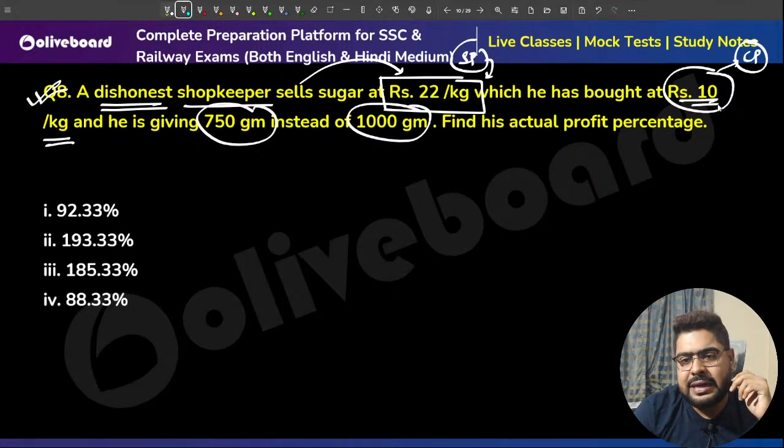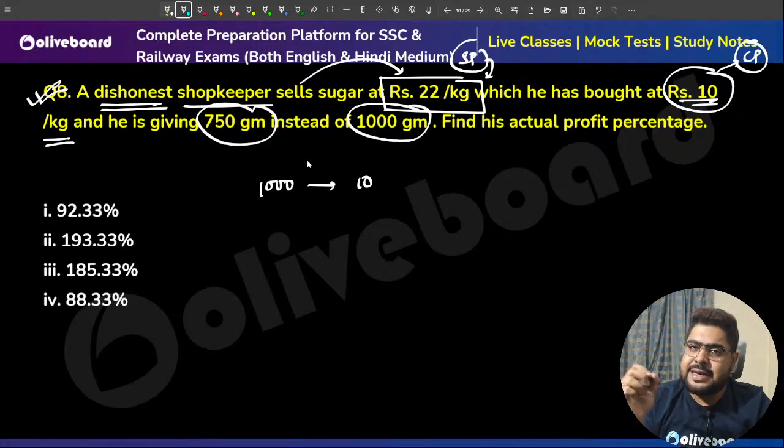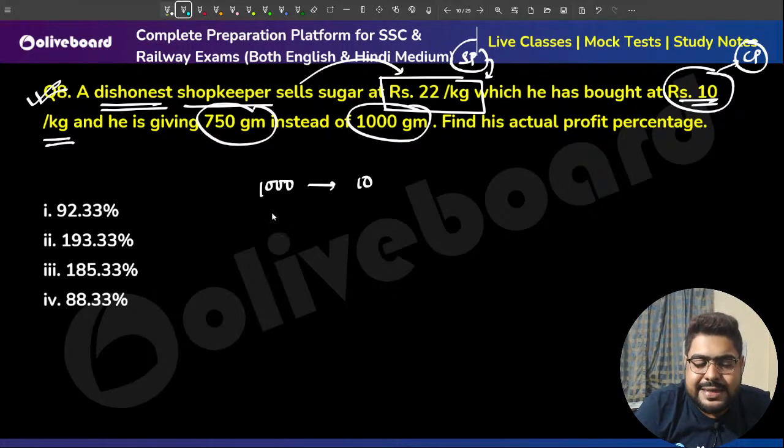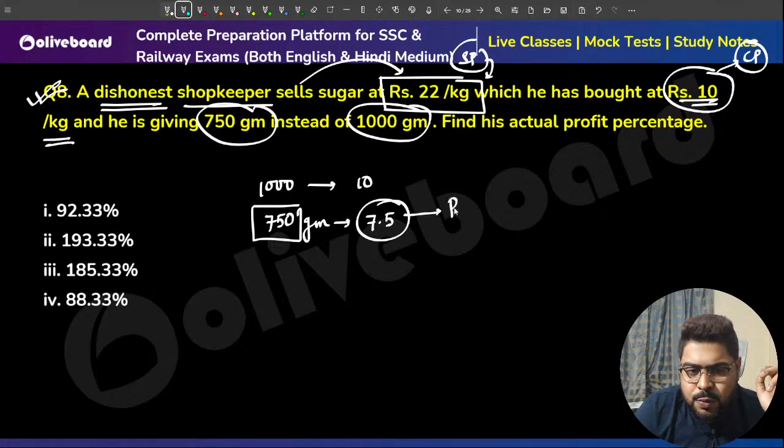He has bought at CP of 10 rupees per kg, meaning 1000 grams. The CP is 10 rupees. But he is not actually giving you 1000. He is saying I am giving you 1000, but he is actually giving only 750 grams here. So that price will be 7.5 rupees. Can I say this is rupees 7.5?